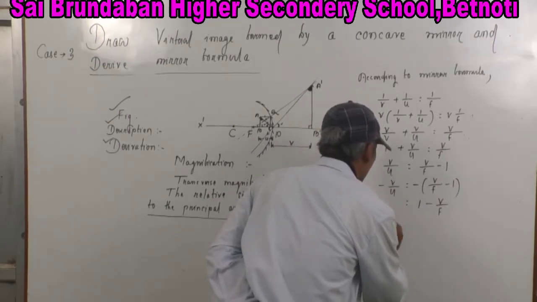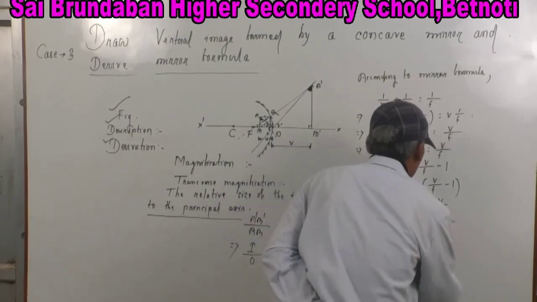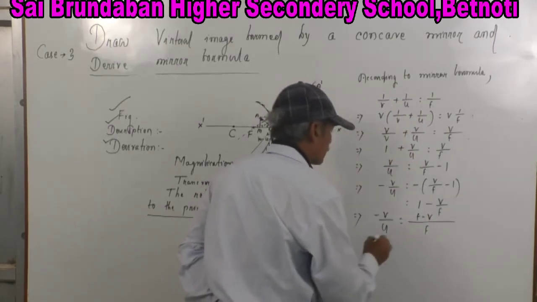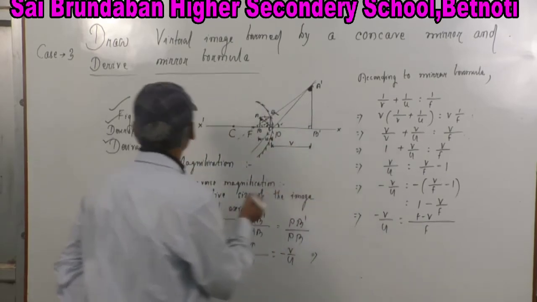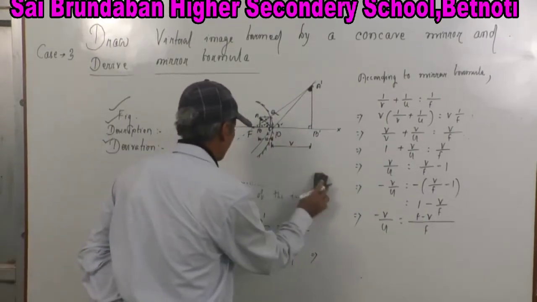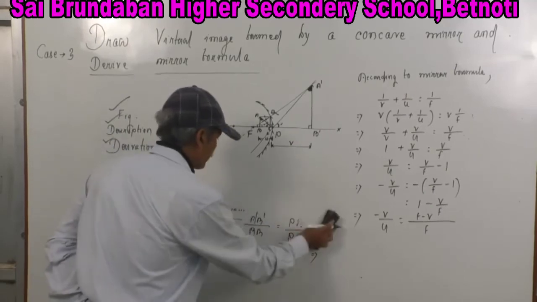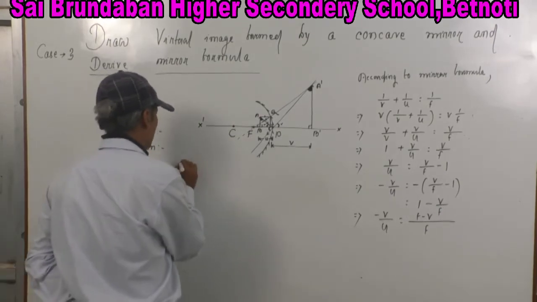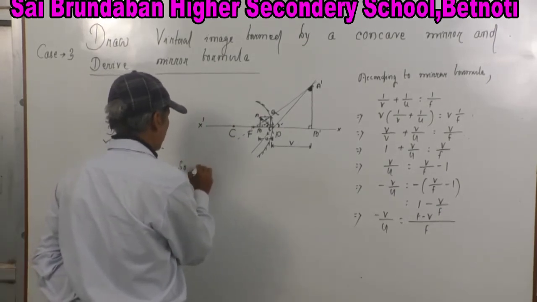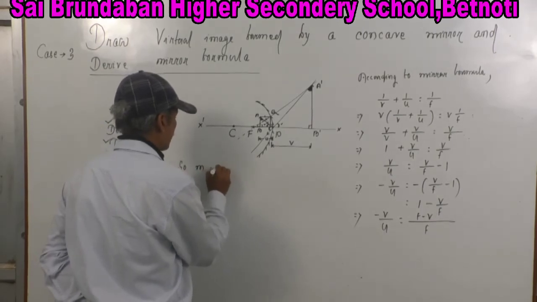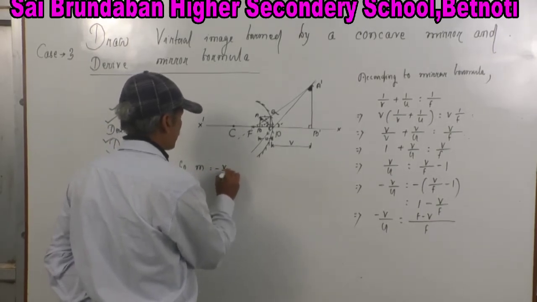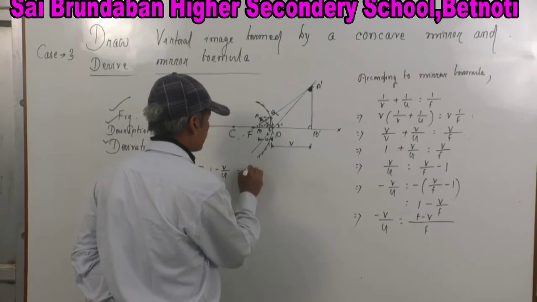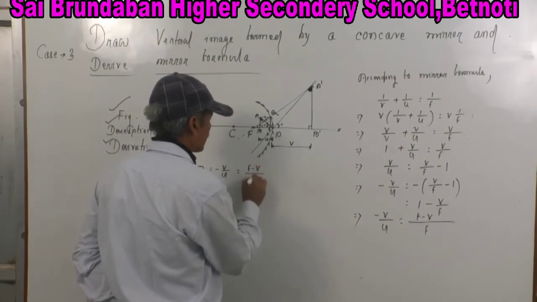Minus v by u is equal to f minus v by f. So m is equal to minus v by u is equal to f minus v by f.